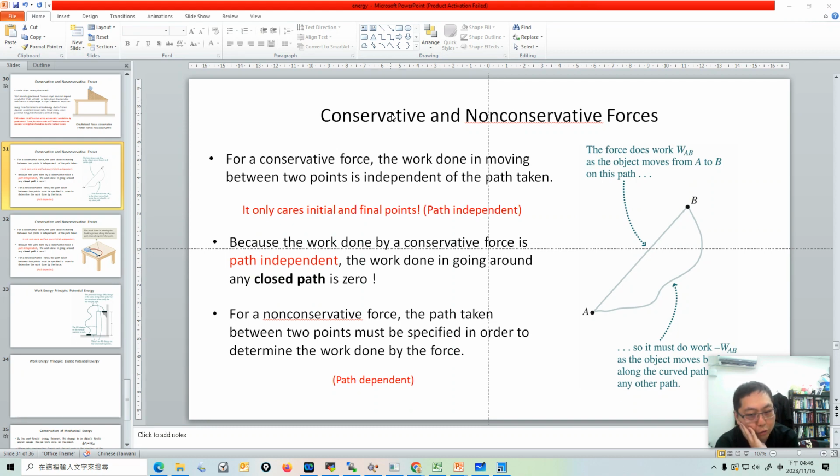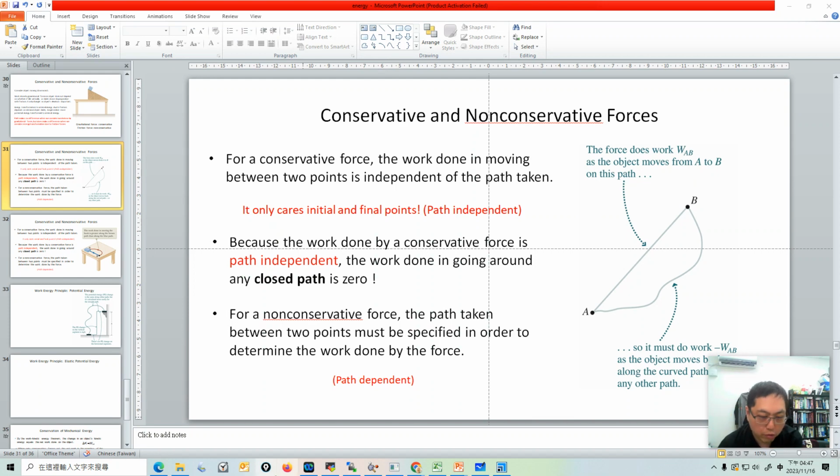These two forces are really special because they are both conservative forces. Electric force is also a conservative force, but we'll talk about it next semester. This semester we are just talking about elastic or spring force and gravitational force.